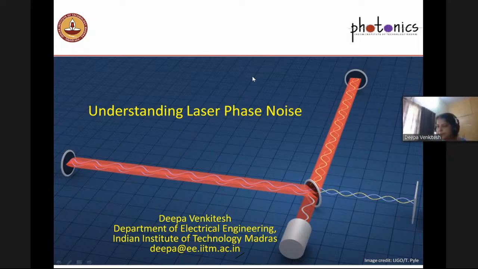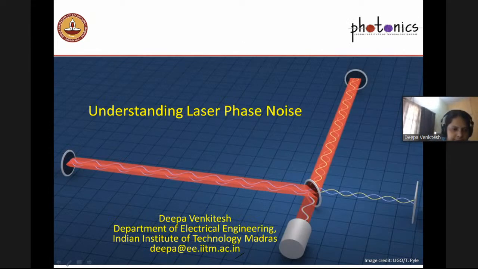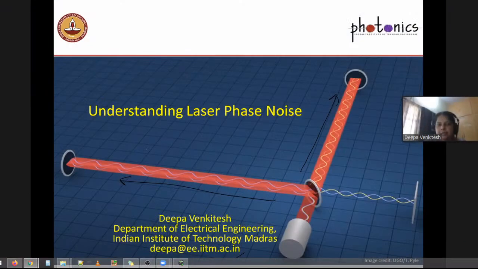So you have light split into two arms, and as a result of the gravitational wave propagating through this space-time, the length of these arms increases or decreases, and so the phase experienced by the light as it counter-propagates through these arms changes.